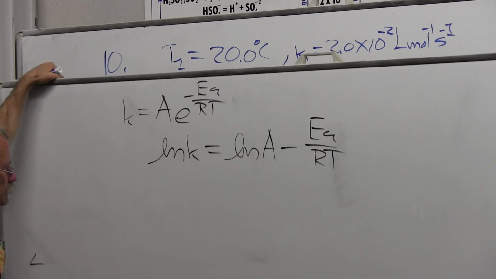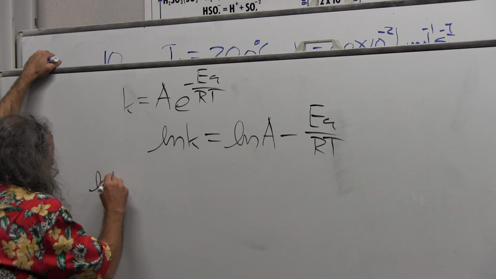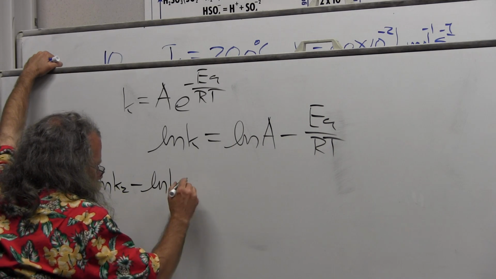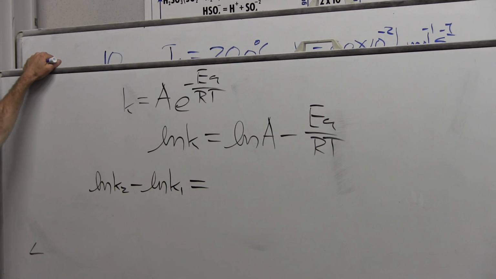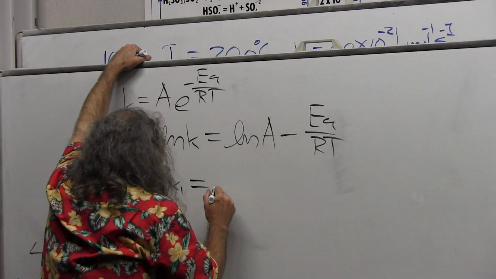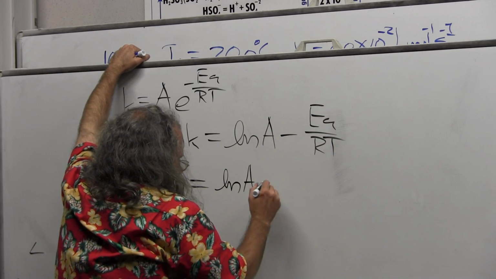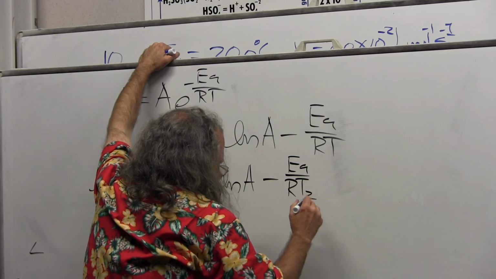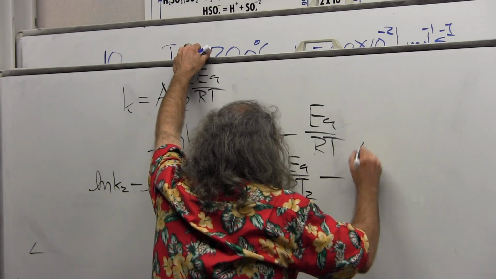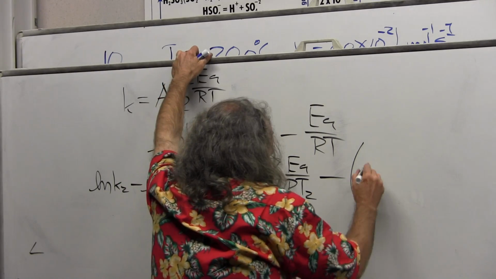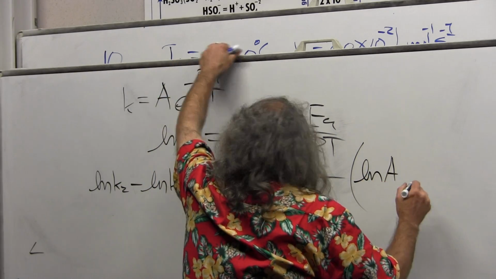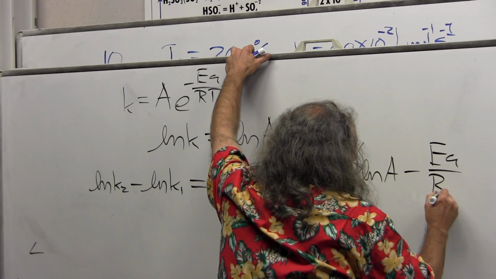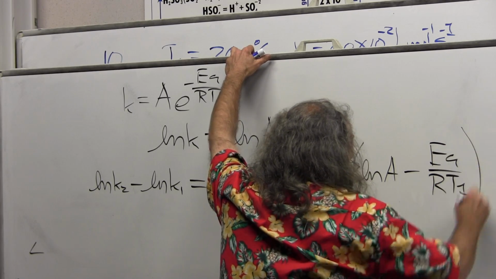Okay, so the natural log of k2 minus the natural log of k1, a two-point solution, is equal to the natural log of A minus Ea over RT2, minus the natural log of A minus Ea over RT1.